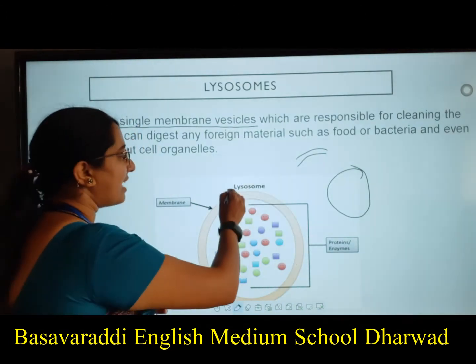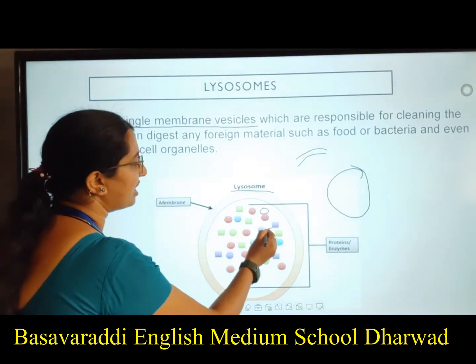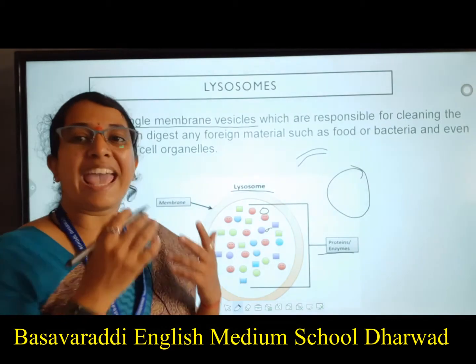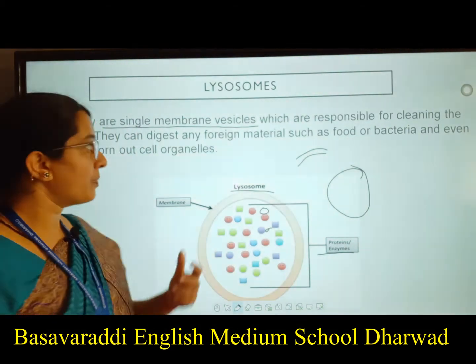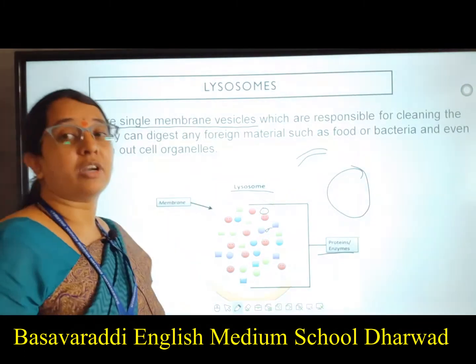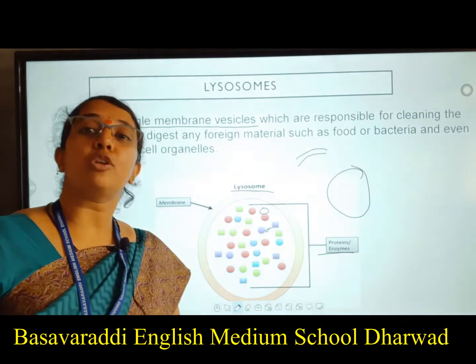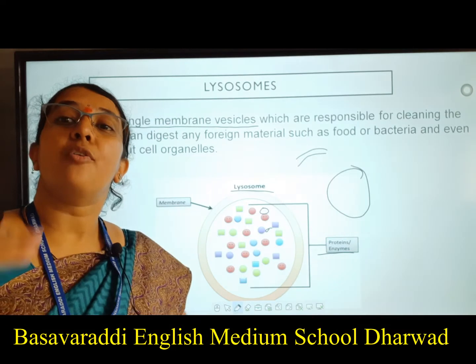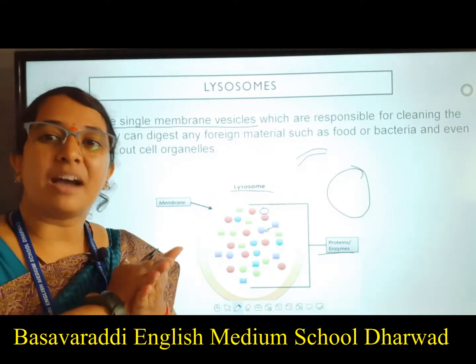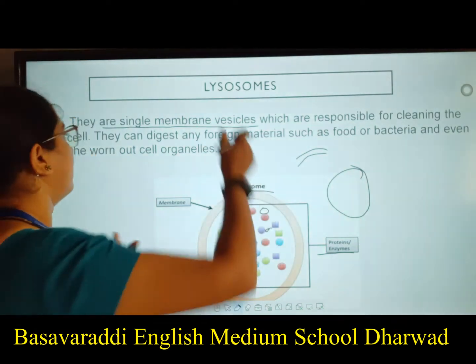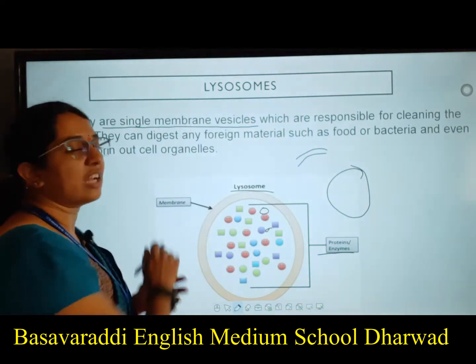This lysosome contains different kinds of proteins or enzymes. It is very important because it removes all the waste produced inside the cell, completely removing it from the cell. That is the main function of your lysosomes here.